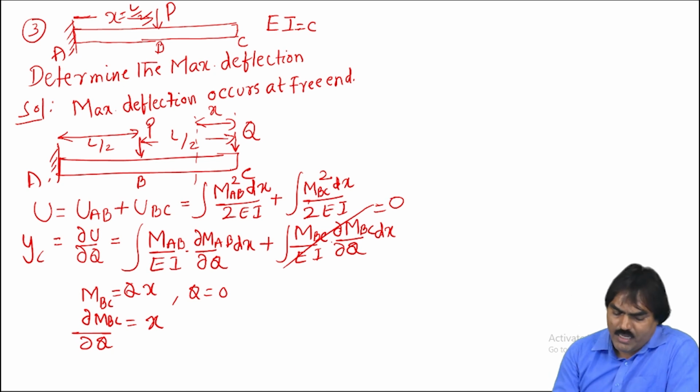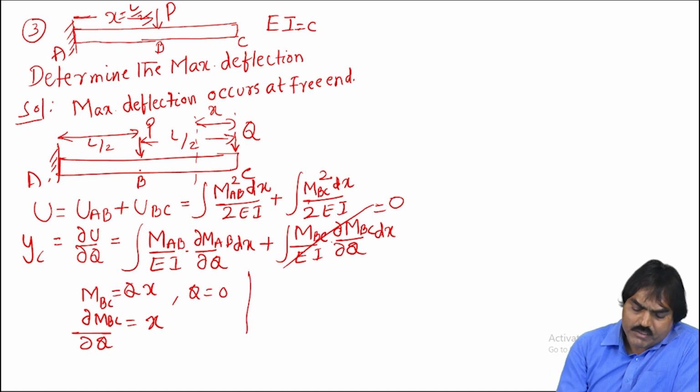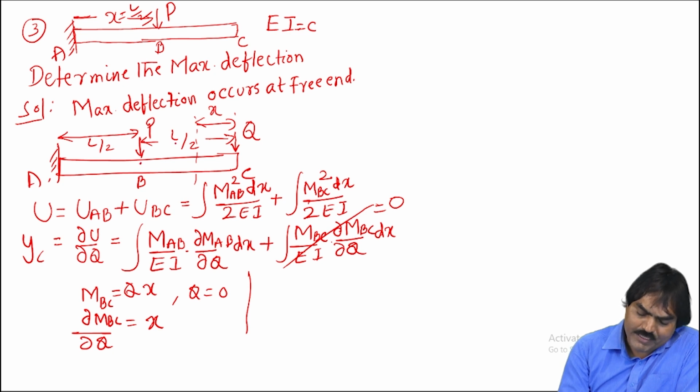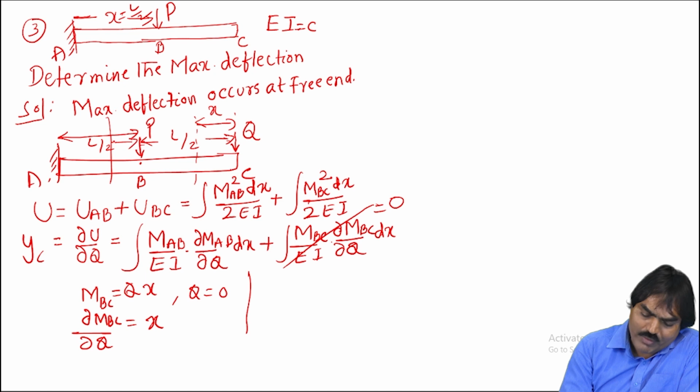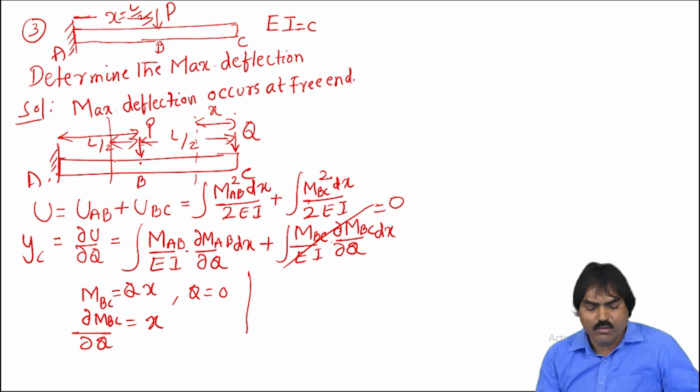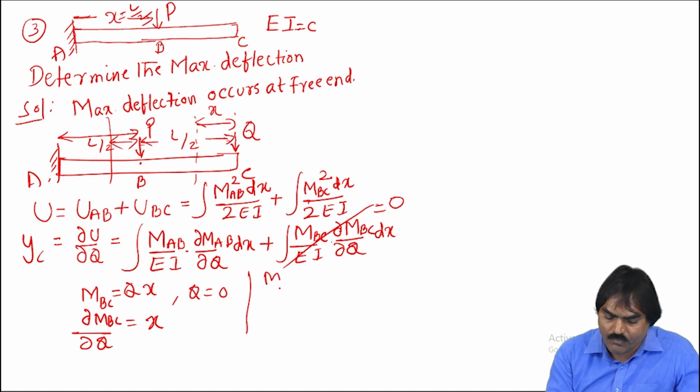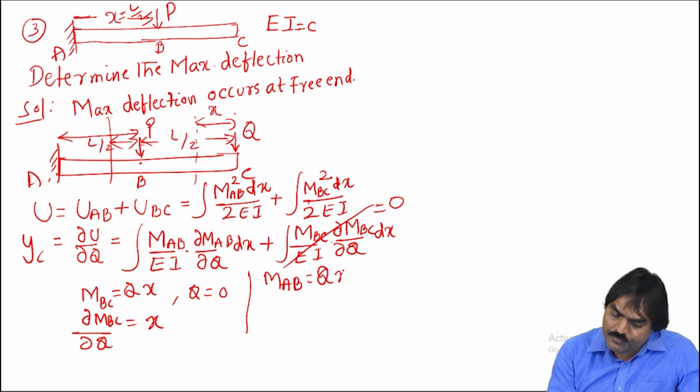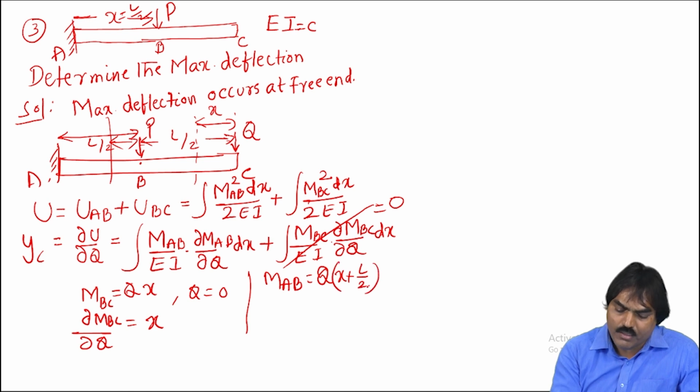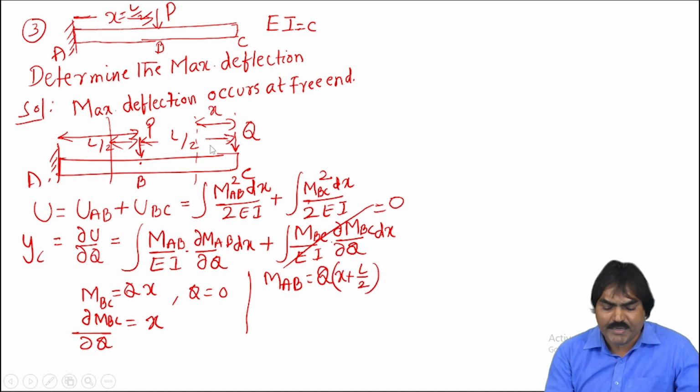Okay. Now, see, starting from B, if you take moment, starting from the B point, so this is already L by 2. If I take a section here, at a distance equal to X from B, what is the moment here? MAB is equal to Q into X plus L by 2. Q, force into perpendicular distance.